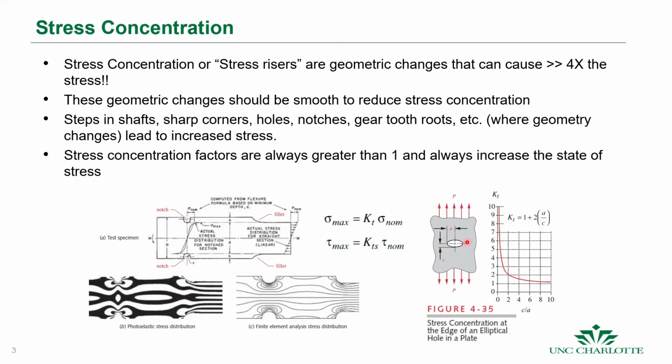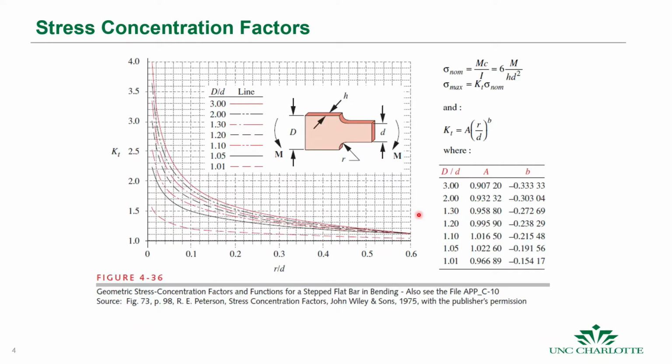So when we are doing engineering design and we are putting certain features in, these stress concentrations are not something that can be ignored and have to be taken into account. We're just going to walk through different tables here just to get a sense and make sure that you can look this information up if you need it.